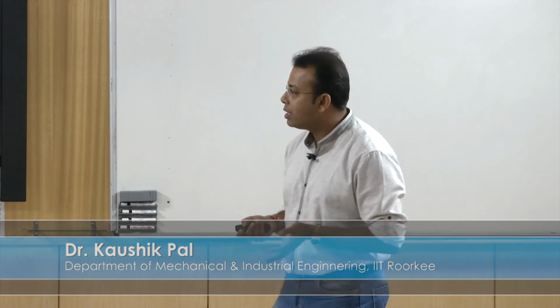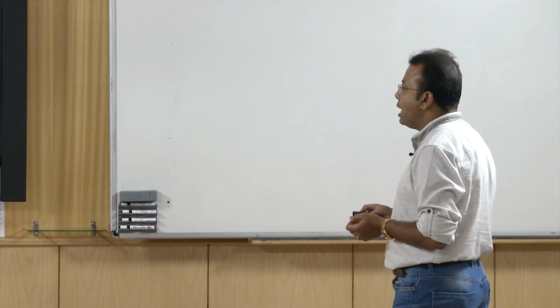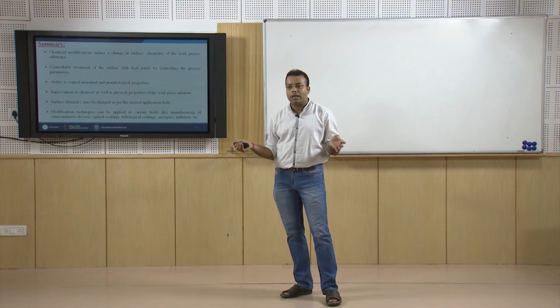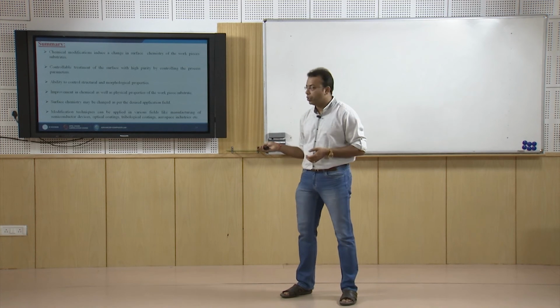Improvement in chemical as well as physical properties of the workpiece or substrate; surface chemistry may be changed as per the desired application field. Modification techniques can be applied in various fields like manufacturing of semiconductor devices, optical coatings, tribological coatings, aerospace industries, etc. So, several applications are there for chemical modifications.